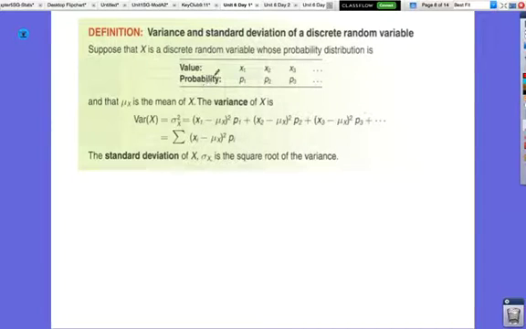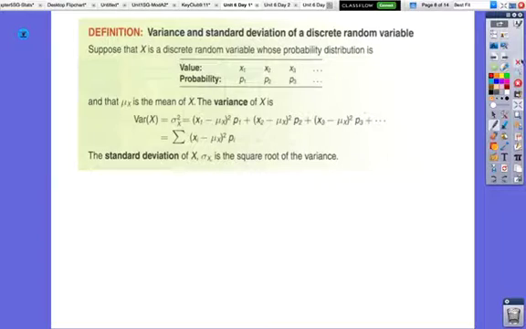So you would take the standard deviation and square it, and that would give you your variance. To go backwards from that, the standard deviation is the square root of the variance.